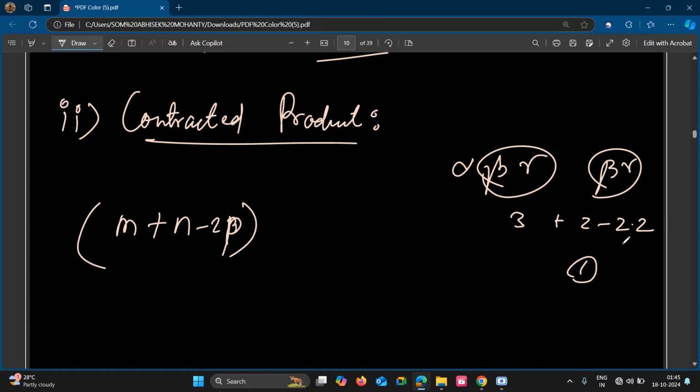With no matching contra. For example, again, A alpha beta, B beta gamma. If you see, the betas are here, so they match with each other and will just vanish. So it will become T alpha gamma, the one I told you before.